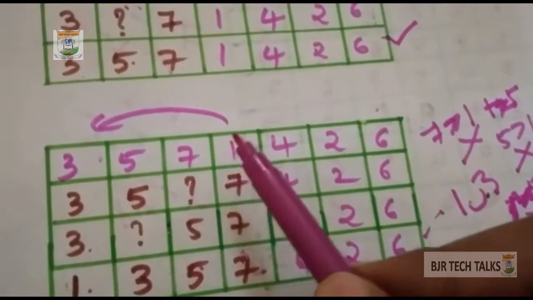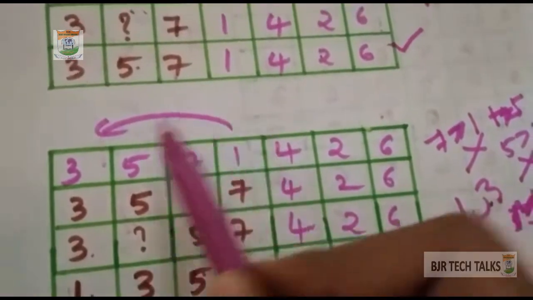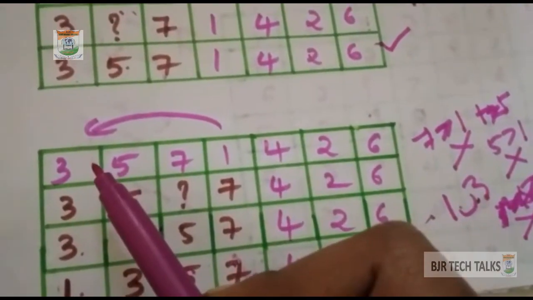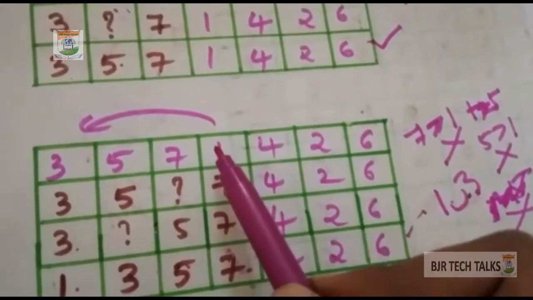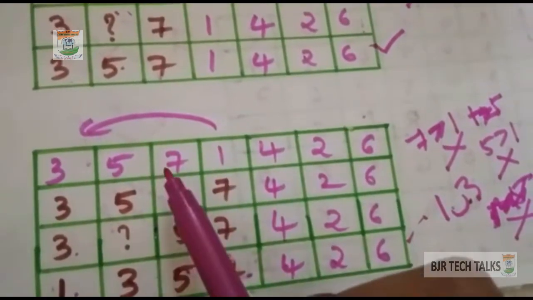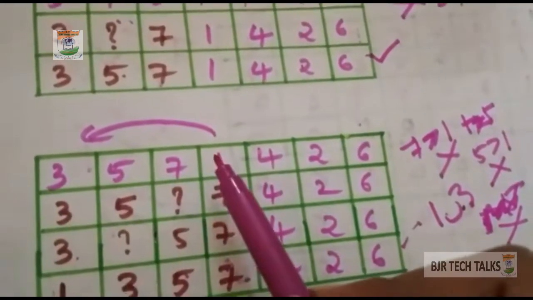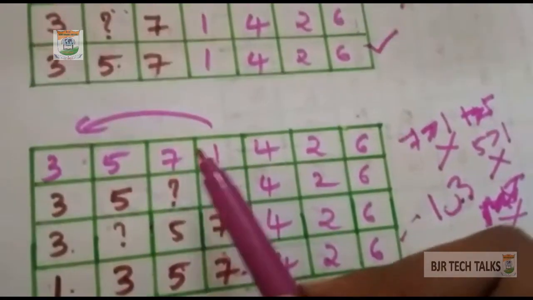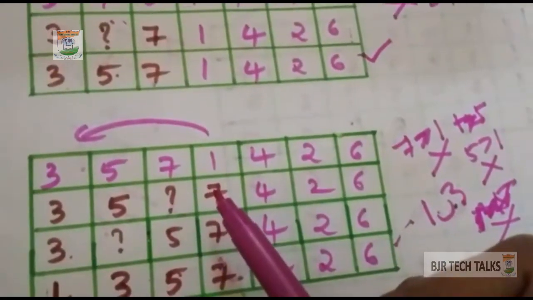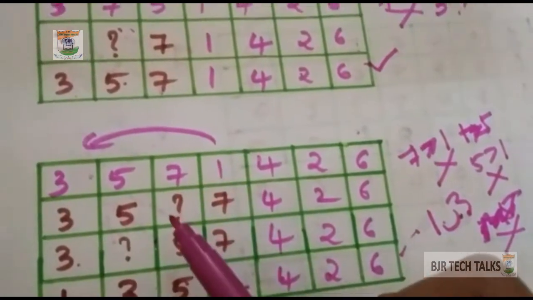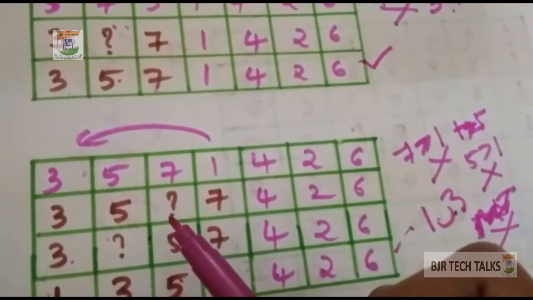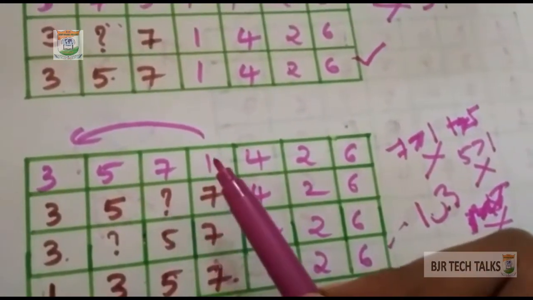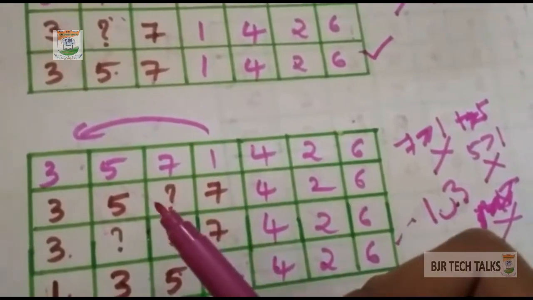Here also I am comparing the fourth element with its previous three elements. That is, I am comparing 1 with 7, 5, 3. When I am comparing 1 with 7, 7 is greater than 1. So 7 changes its place, 7 comes here and 1 goes here. But here I have kept a question mark because the place of 1 is not yet fixed.